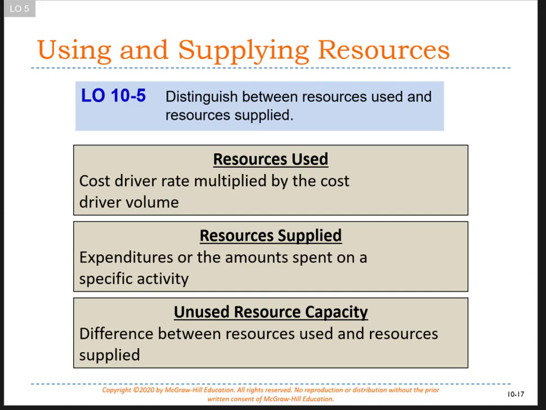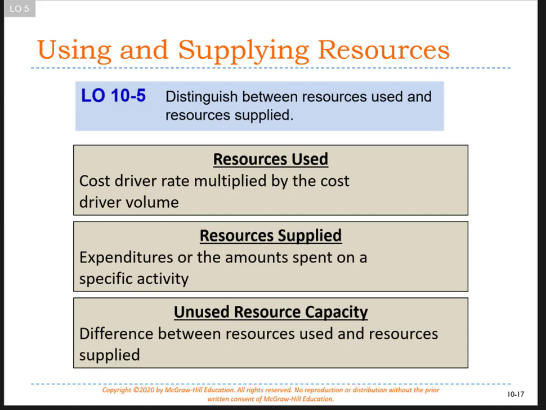There is almost always some unused capacity, meaning we have a building and some part of it's not being used. Or we have people who are being paid salary that have idle time, who are playing solitaire or whatever.